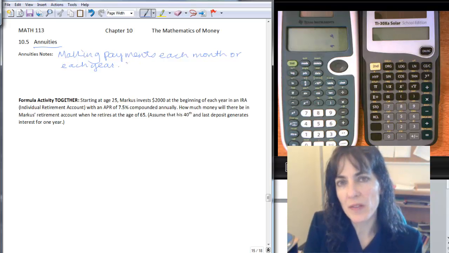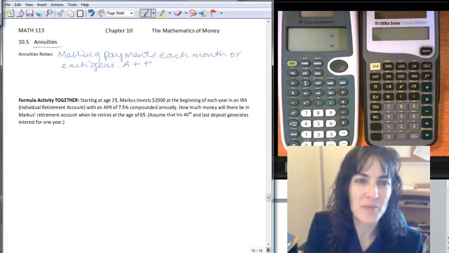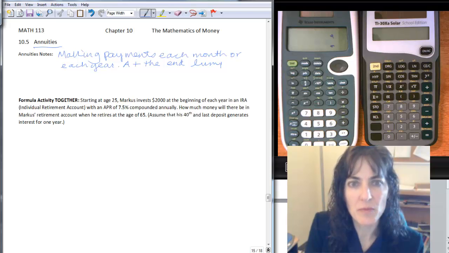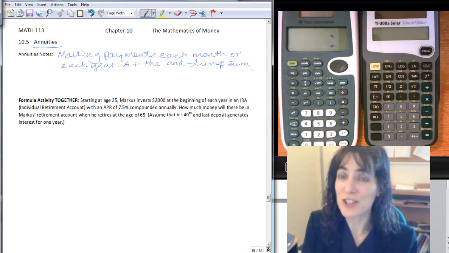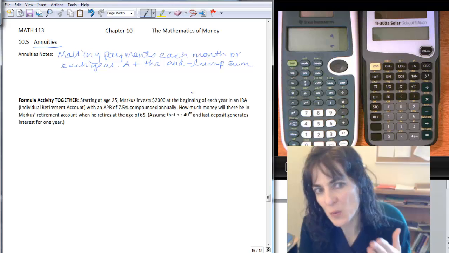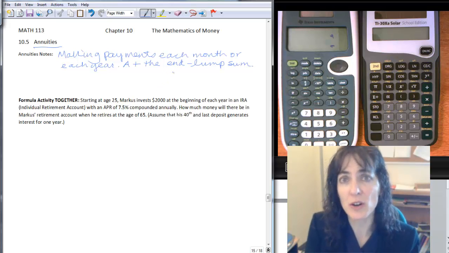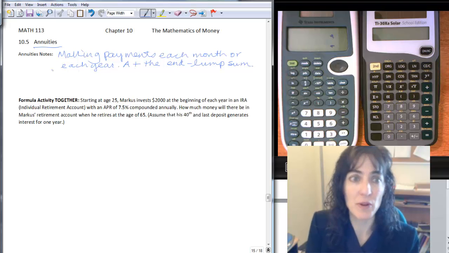And then at the end of some amount of time, we get a lump sum. And it's usually a very large lump sum because we have interest adding on as well as our payments adding on to the balance every month or every year or however often you're doing your compounding.